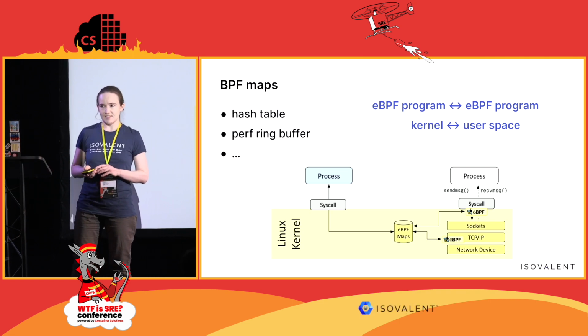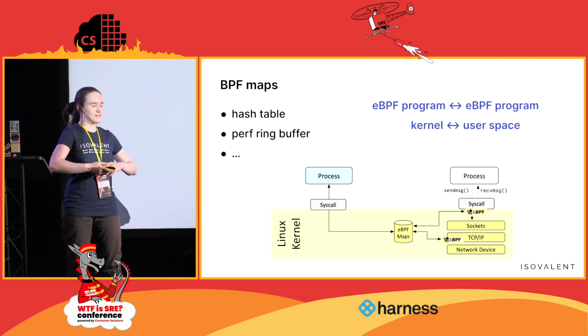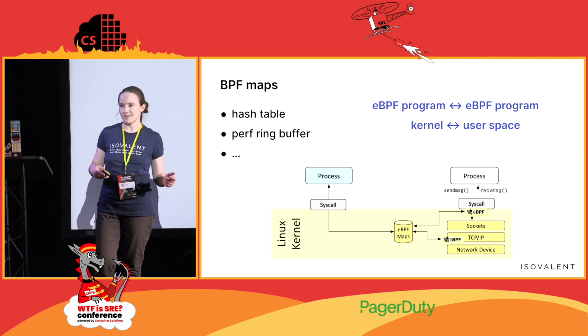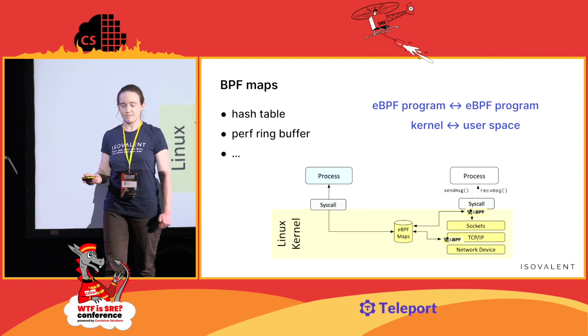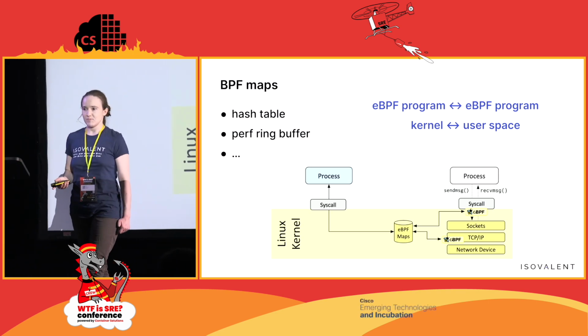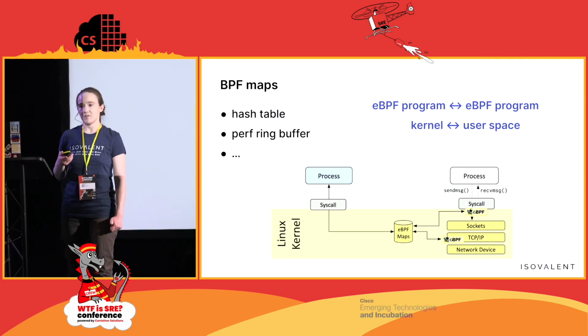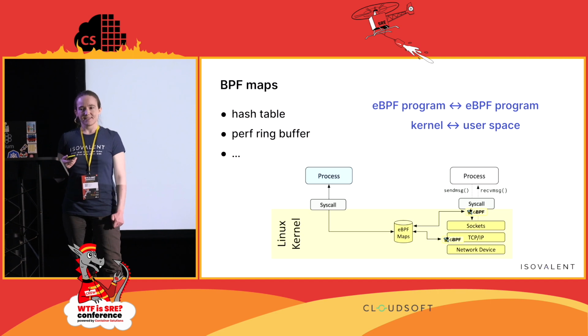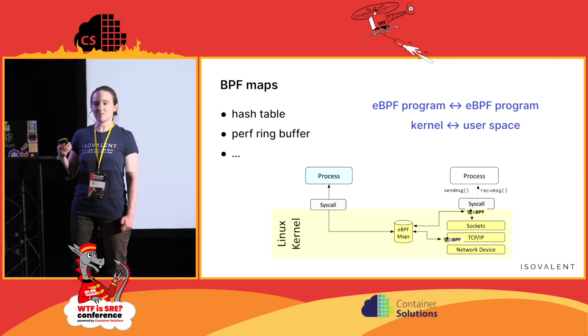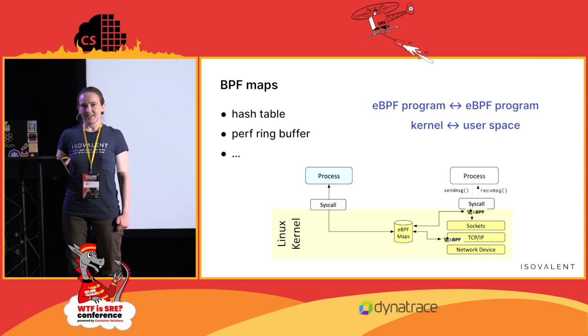There are many different kinds of BPF maps, but they are basically key value stores. They are key value stores stored in the Linux kernel memory. Some of the most popular ones are, for example, hash table or perf ring buffers, and they are needed for observability specifically.